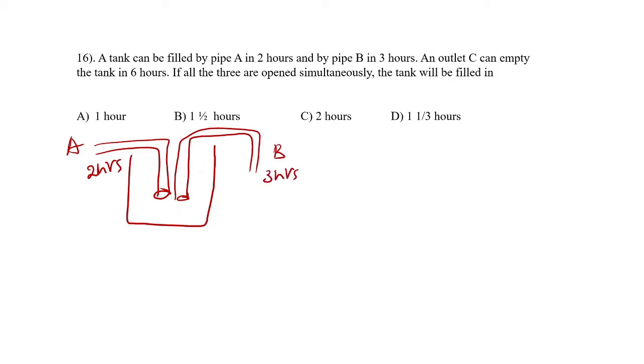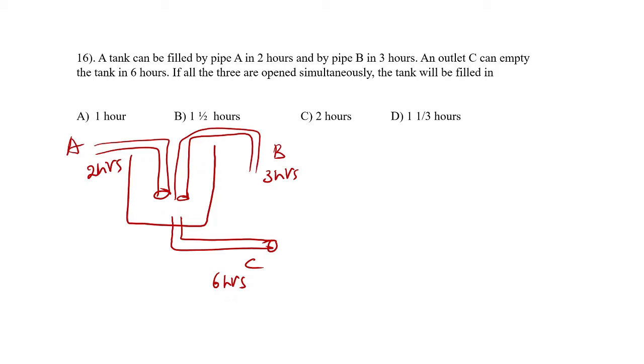An outlet C can empty the tank in 6 hours. This is the outlet, name is C. Empty in 6 hours. If all the 3 are opened simultaneously, the tank will be filled in how many hours?